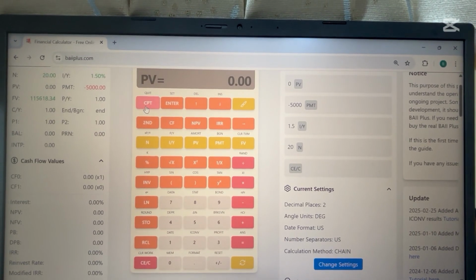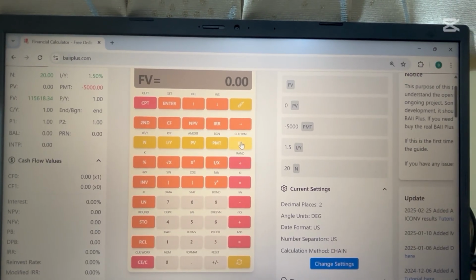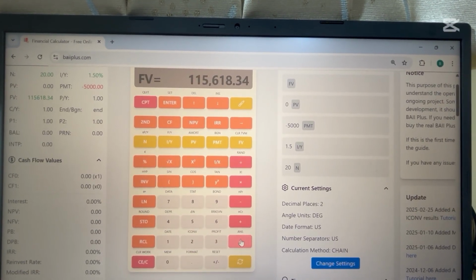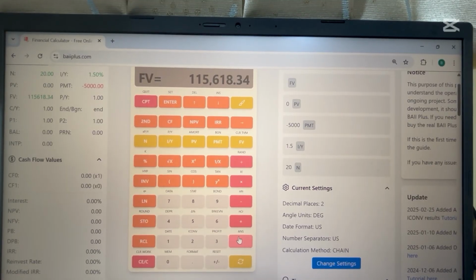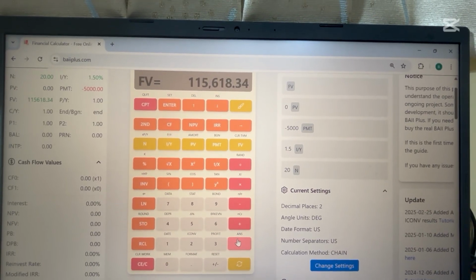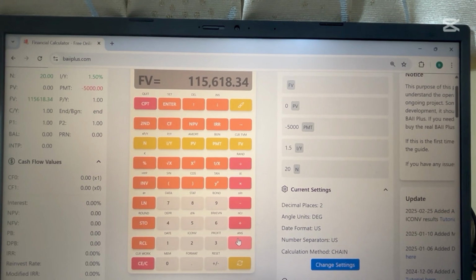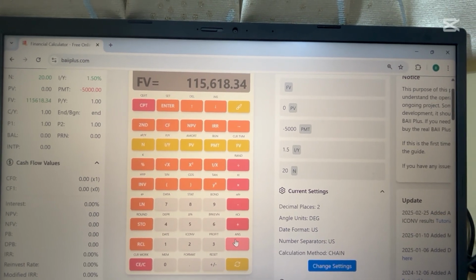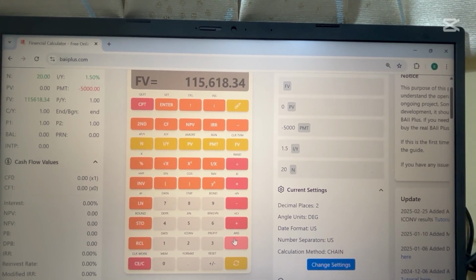Lastly, we press CPT, then future value. Then this is our answer. It's the same, that is $115,618.34.